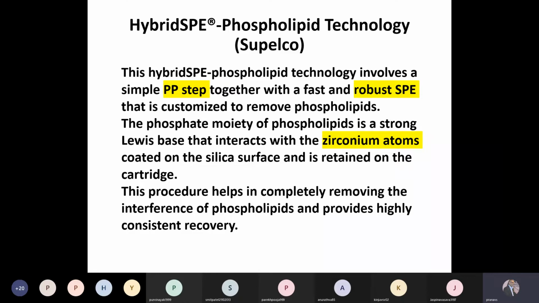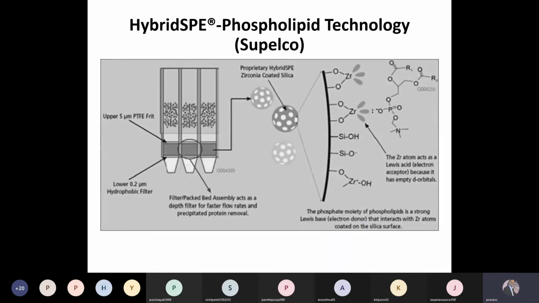So this whole thing can be seen through this figure. These are the cartridges, similar cartridges which we just saw. And what is more important here is that it has a silica base which has OH groups. This H is removed, and instead of that, what you find here is a zirconium atom. Now this is a Lewis acid, and the phosphate group is a Lewis base.